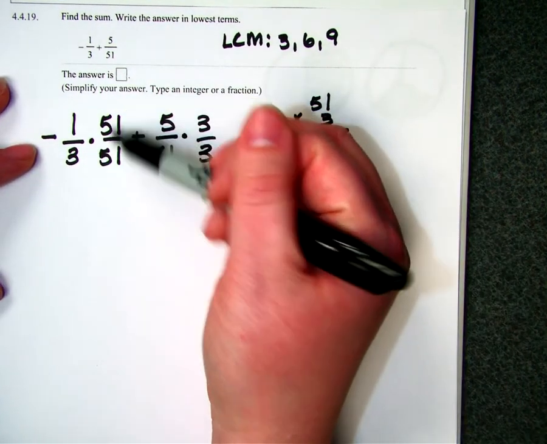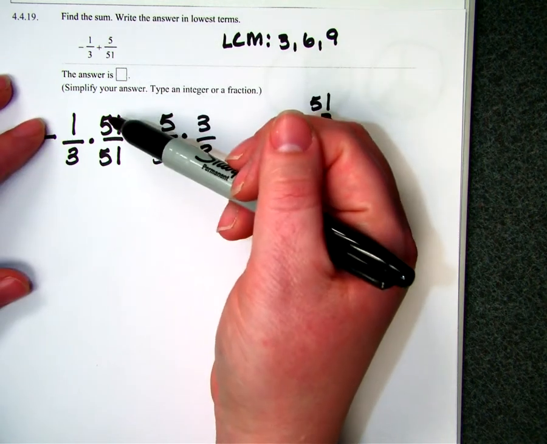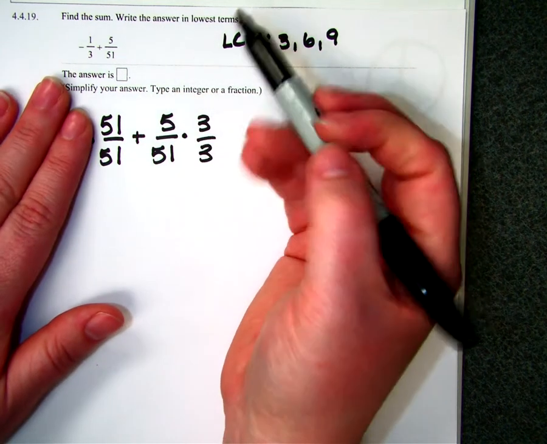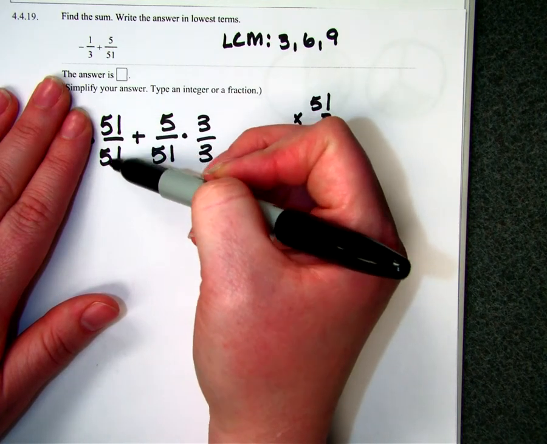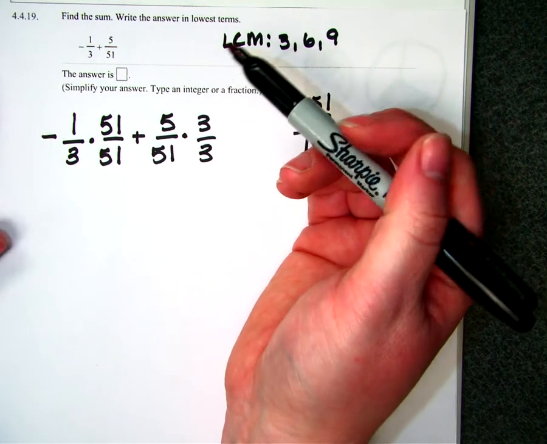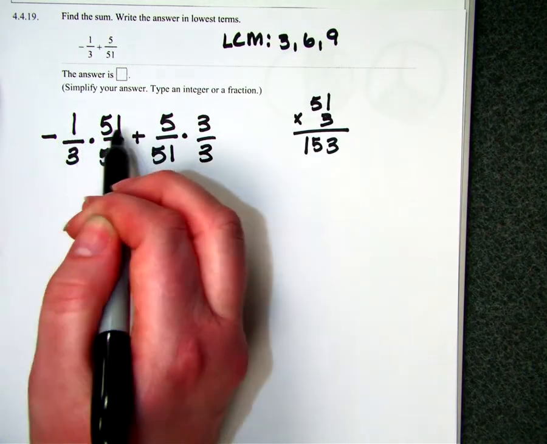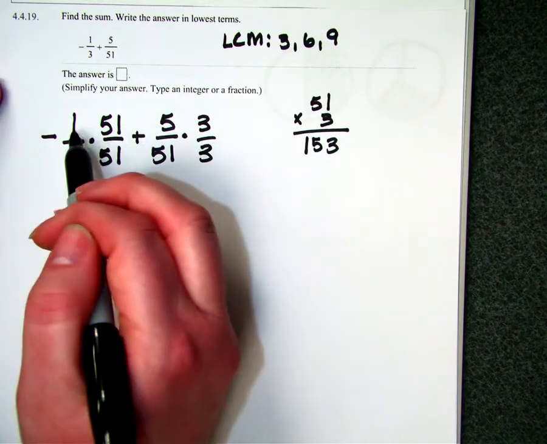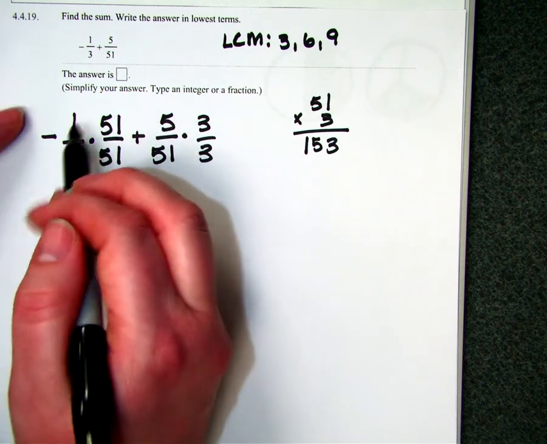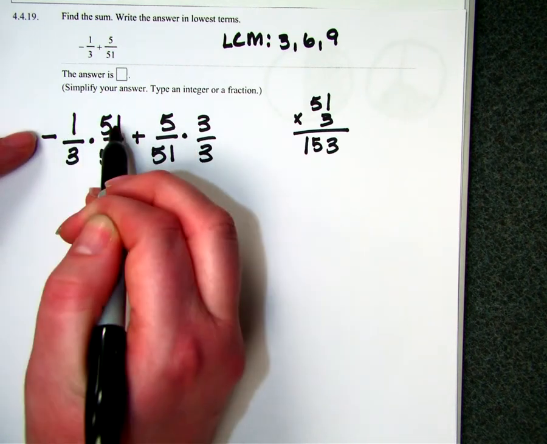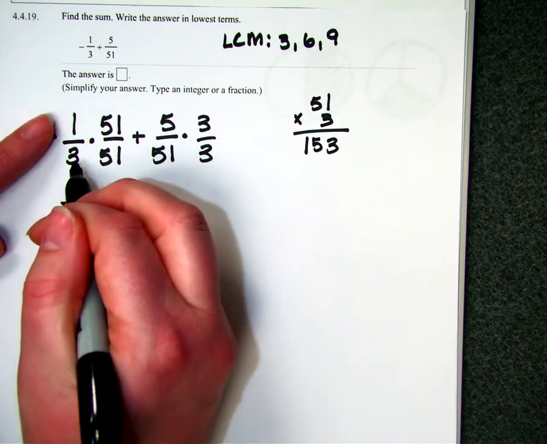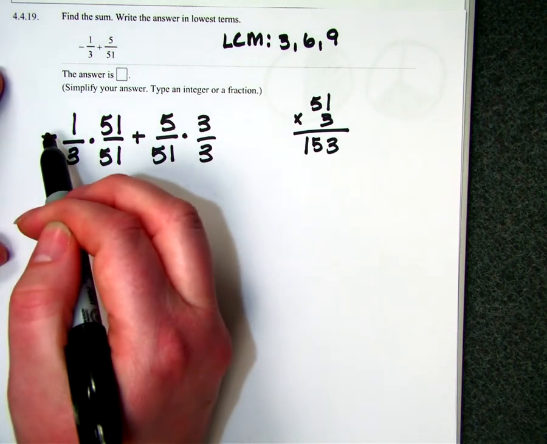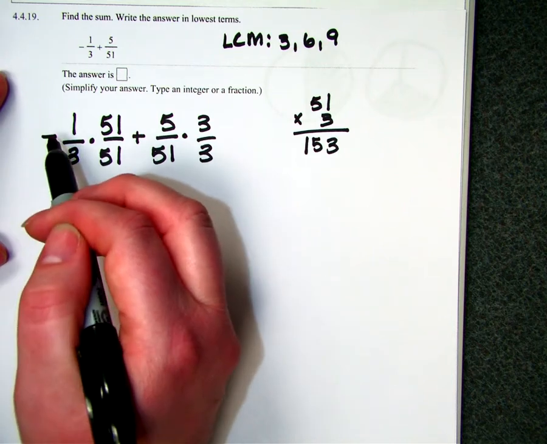Keep it balanced. So we multiply by 51 over 51 because this is the same as multiplying by 1. 51 divided by 51 is just equivalent to a 1. To multiply 2 fractions, so again, you don't have to have common denominators to multiply, just to add or subtract. We do negative 1 times 51, which is negative 51. And I get to use this negative sign 1 time for fractions.